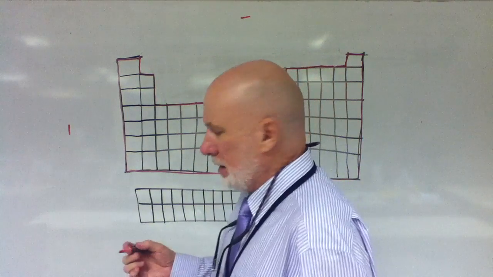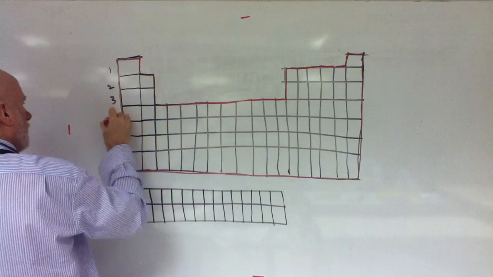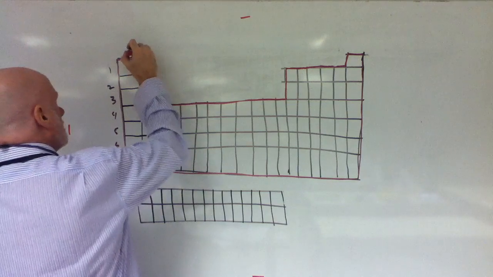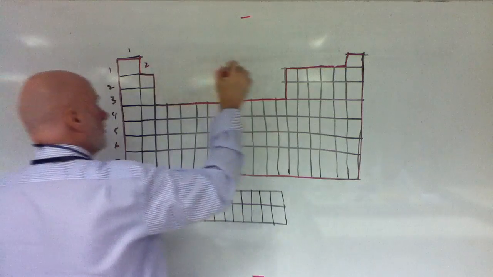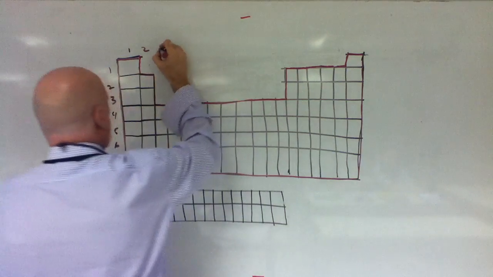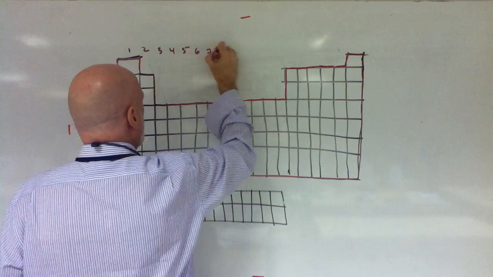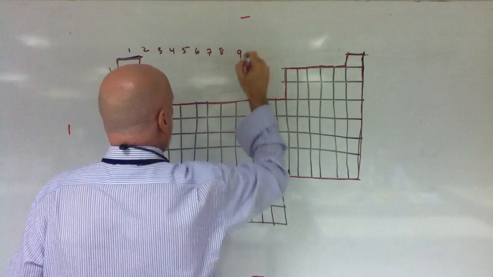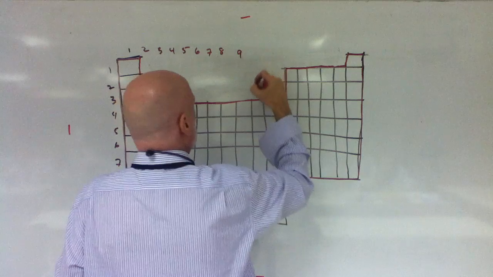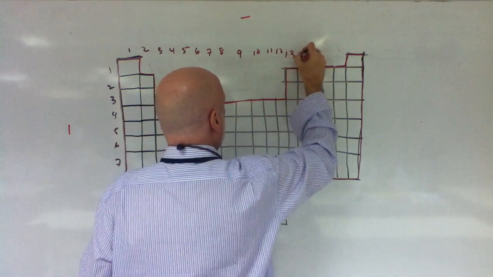Now what you could do is number this 1, 2, 3, 4, 5, 6, 7. And you could say this is 1, 2, and this is going to be 3, 4, 5, and so on.